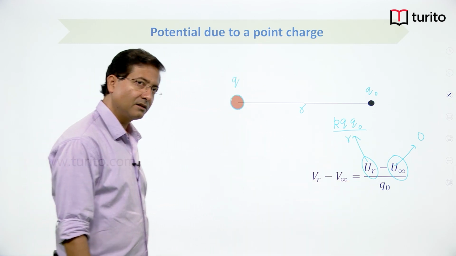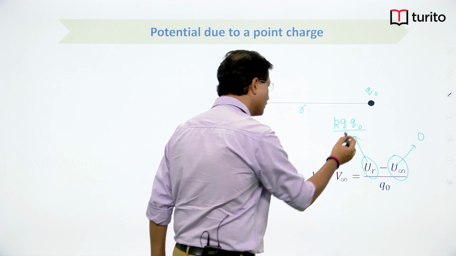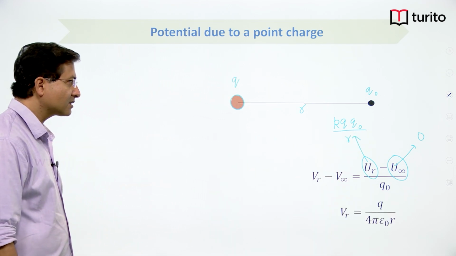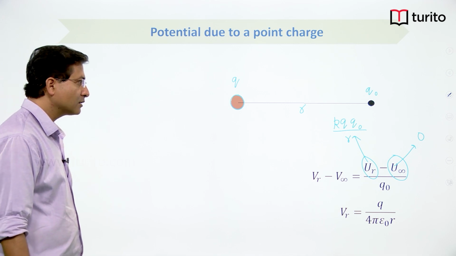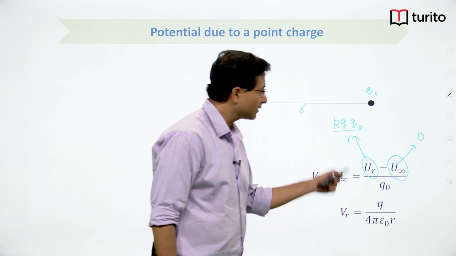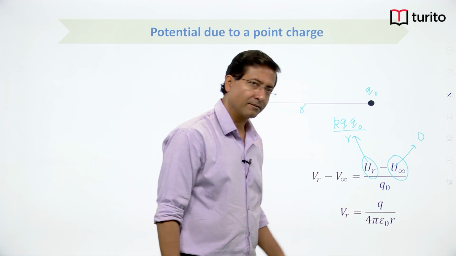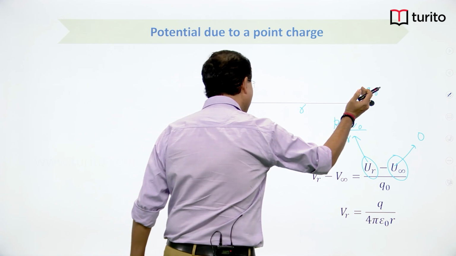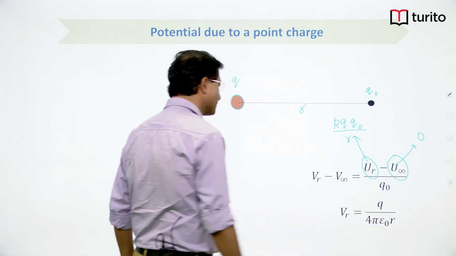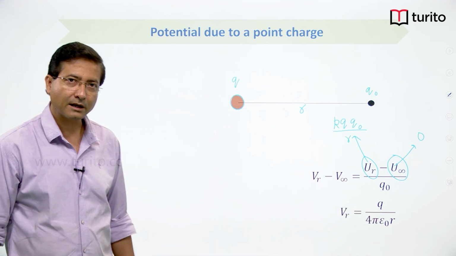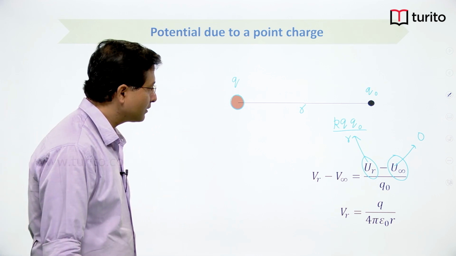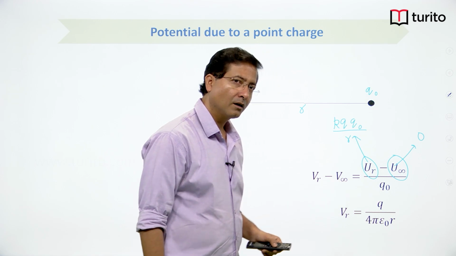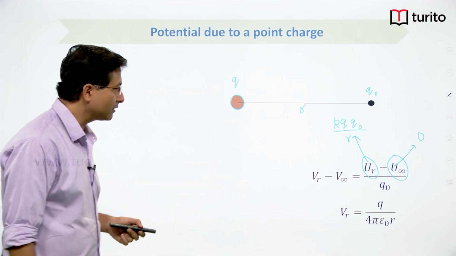You can see this Q naught and this Q naught will cancel, and finally you will get the potential at distance r from the point charge, K is equal to 1 by 4 pi epsilon naught. So from this charge at distance r, potential is defined as Q divided by 4 pi epsilon naught r. So we use the basic definition to get the expression of potential at that particular point.